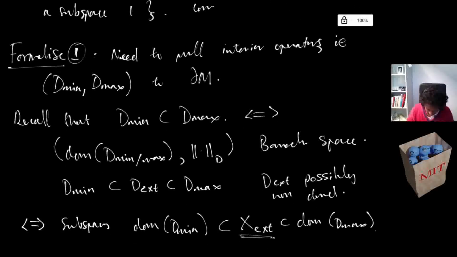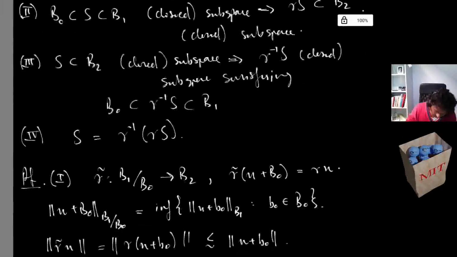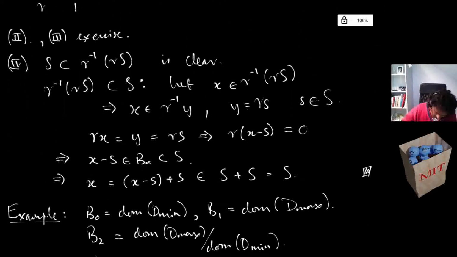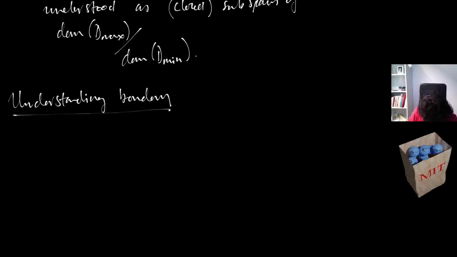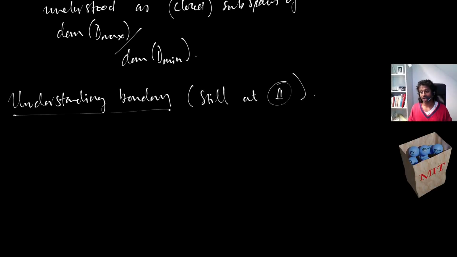Okay, so understanding boundary. We're still at 1, formalizing 1. So now we have some predetermined values.